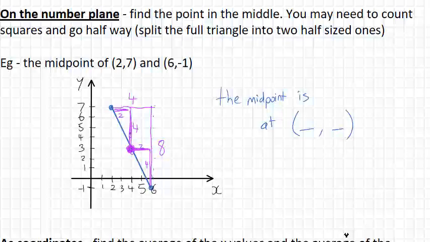Now that's one thing, is to find it. The second thing is to say where it is, and we always put X before Y, horizontal before vertical, alphabetical order. It's always X first, then Y. So we go 4 across and then 3 up to get to that spot. So 4 across to the right is positive, and 3 up is positive as well.